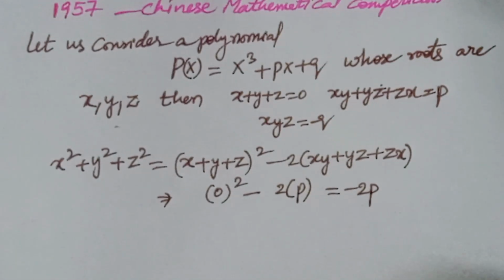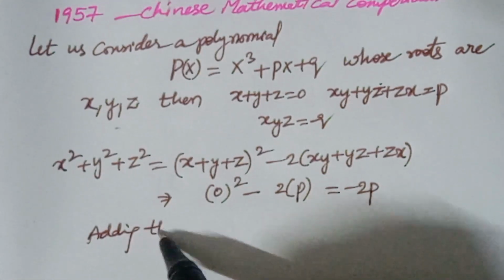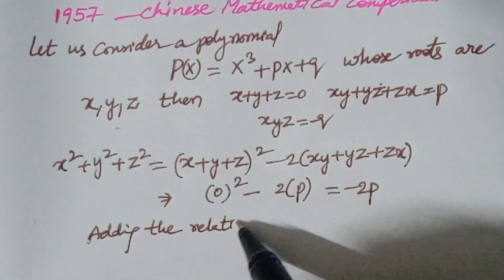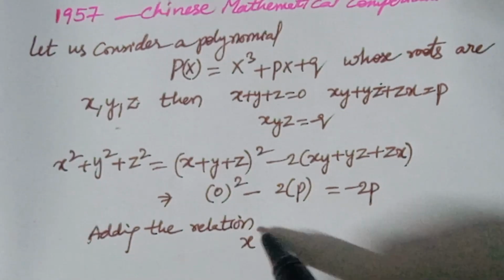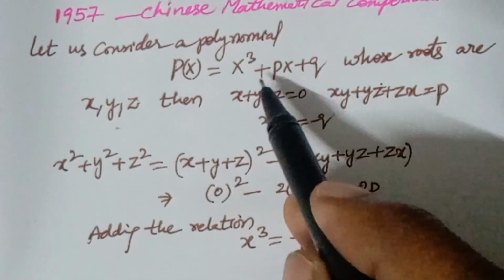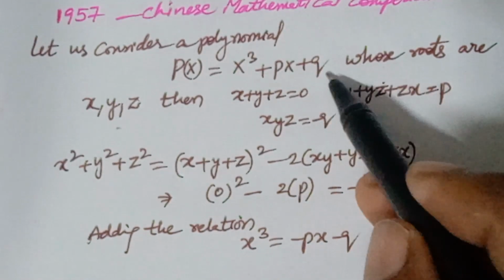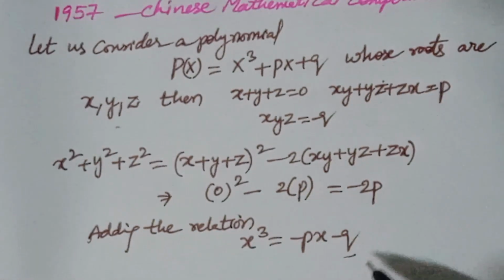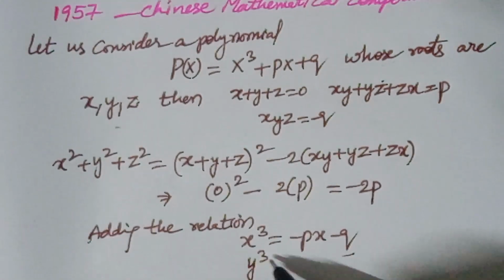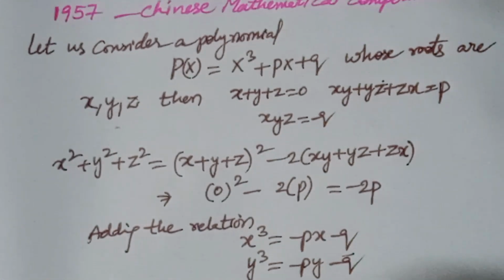Now here, adding the relation. So x cube is equal to minus px minus q. y cube is equal to minus py minus q. z cube is equal to minus pz minus q.